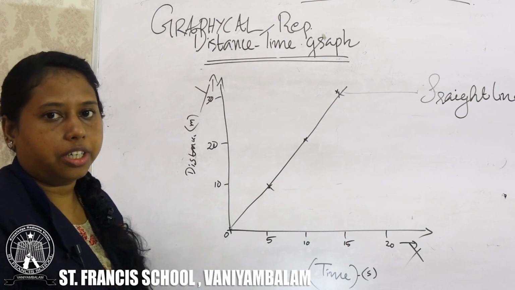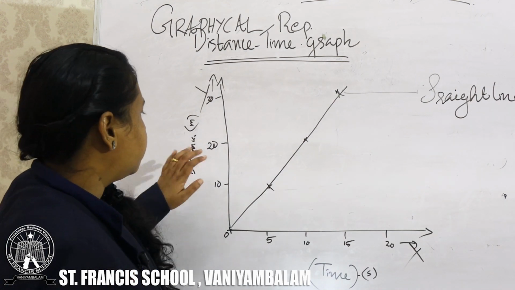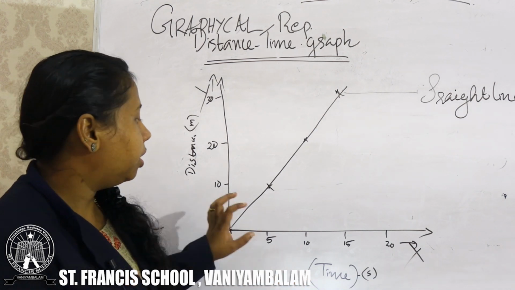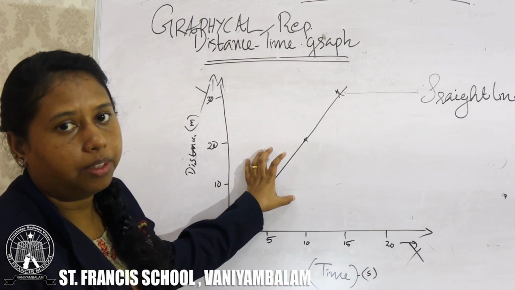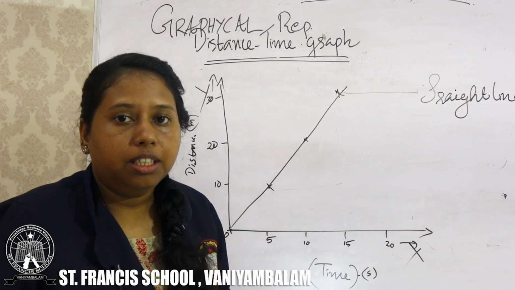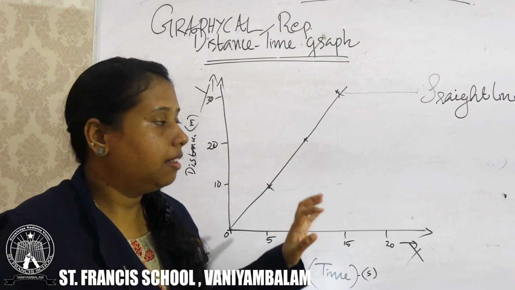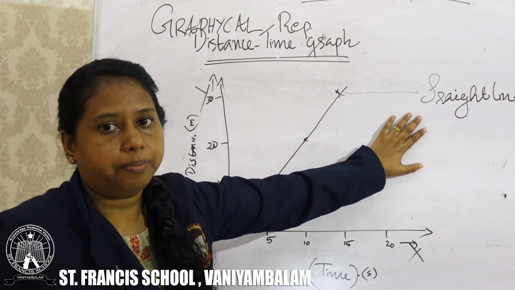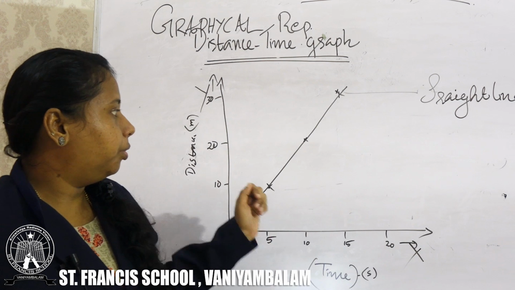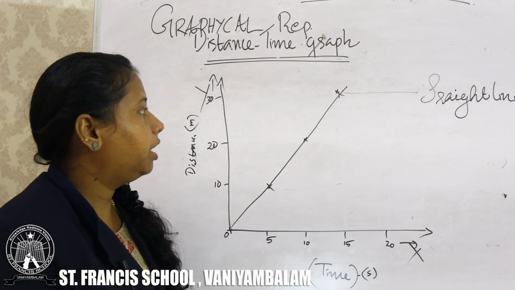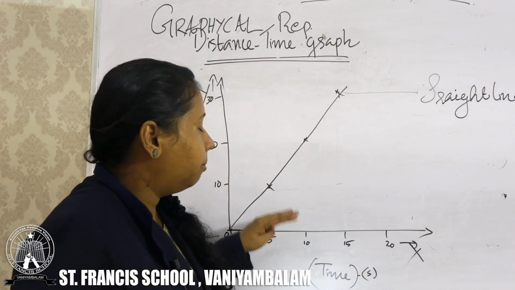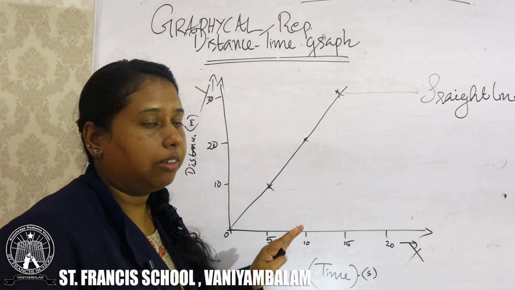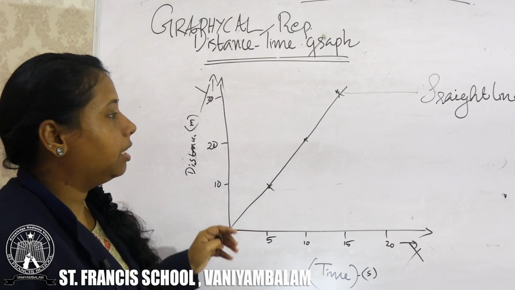The distance time graph of an object moving in uniform speed gives a straight line. And now let's see how we can calculate the speed by this graph.